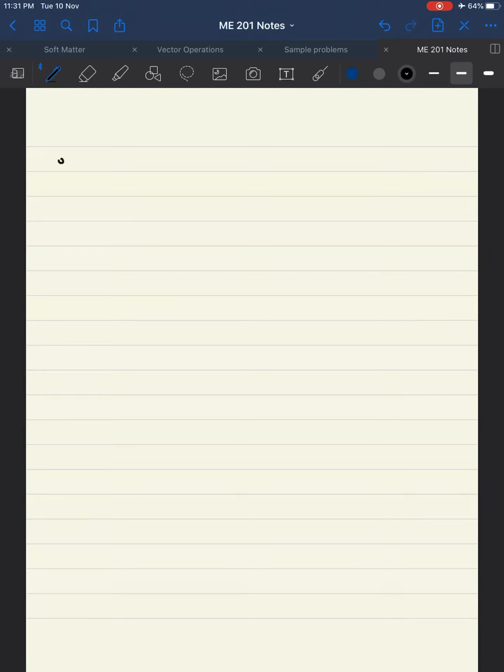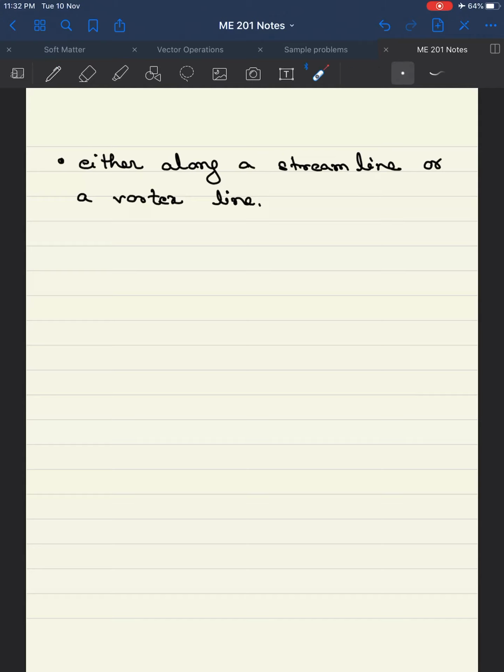And finally, either along a streamline, and now I will tell you why I have been holding on. Either along a streamline, and till this portion you probably are familiar with this from even undergraduate classes, or a vortex line. I don't think this is something that you might have come across in the undergraduate class, that it is true either along a streamline or a vortex line.